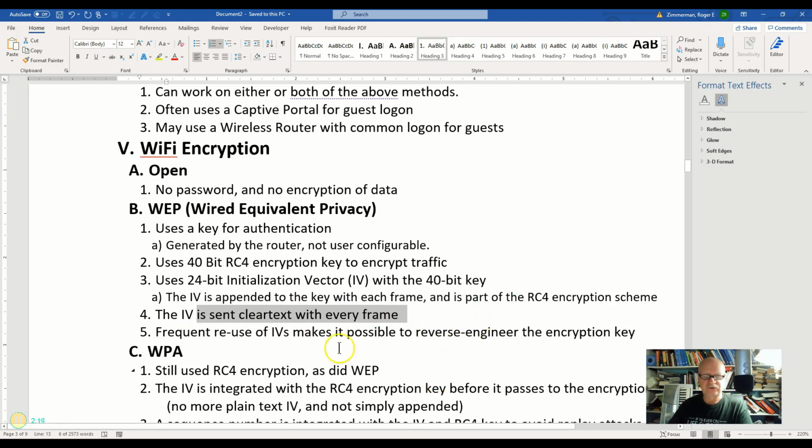So in other words, while this 40-bit encryption key is encrypted when it's sent across the airwaves, this 24-bit initialization vector is not. It is sent in clear text. It also, being only 24 bits, means after a few thousand times, it's going to have to be reused. And so this frequent reuse of IVs is what makes this thing so weak.